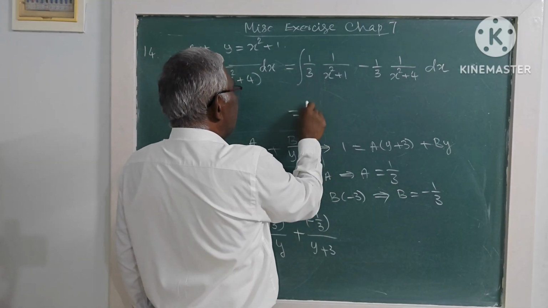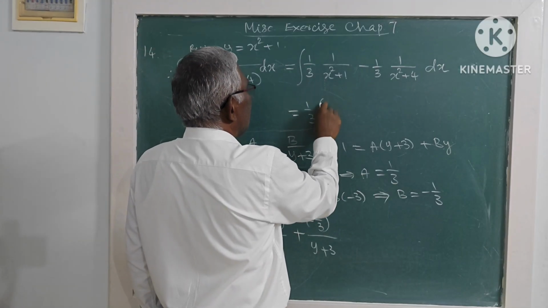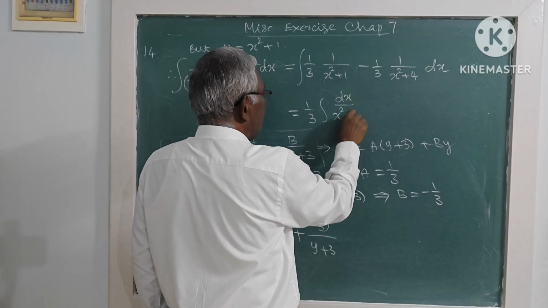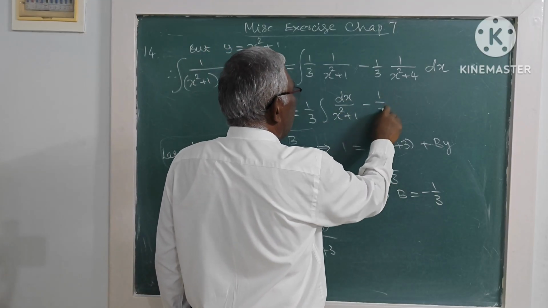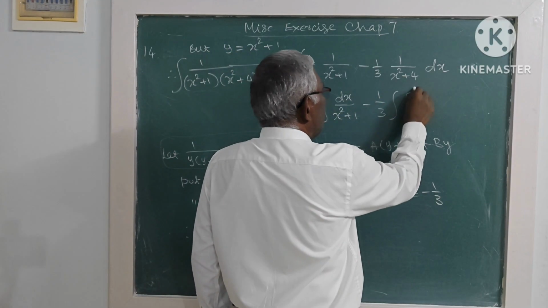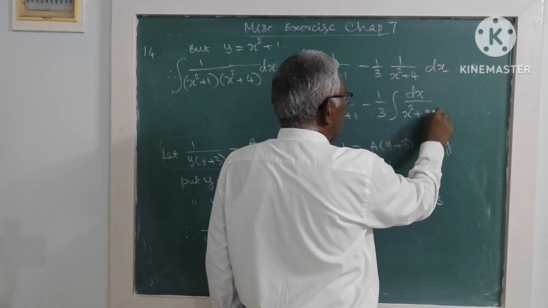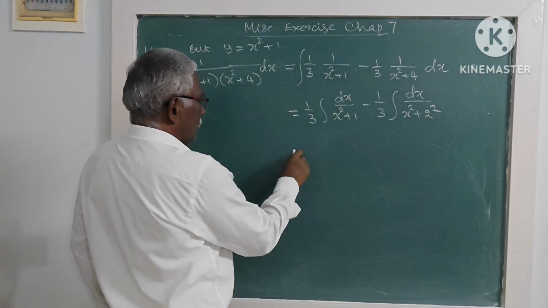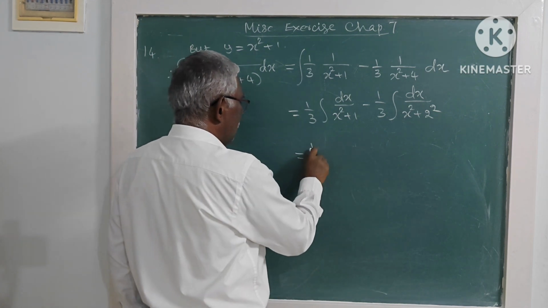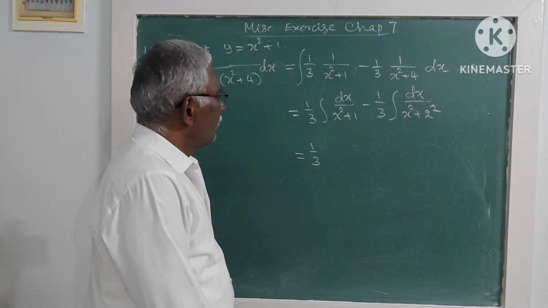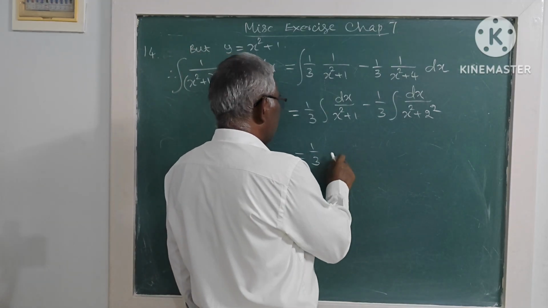Now 1 by 3 we can take outside, then integral dx by x square plus 1 minus 1 by 3 integral dx by x square plus 2 square. So we know integral dx by x square plus a square is 1 by a into tan inverse x by a.